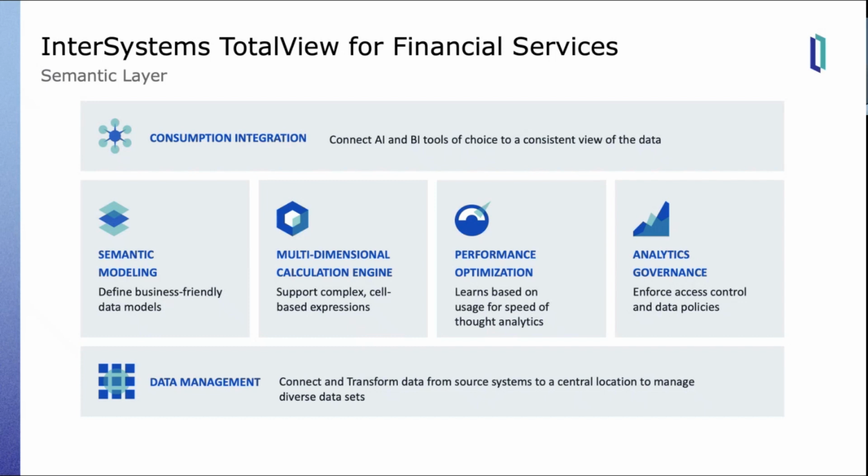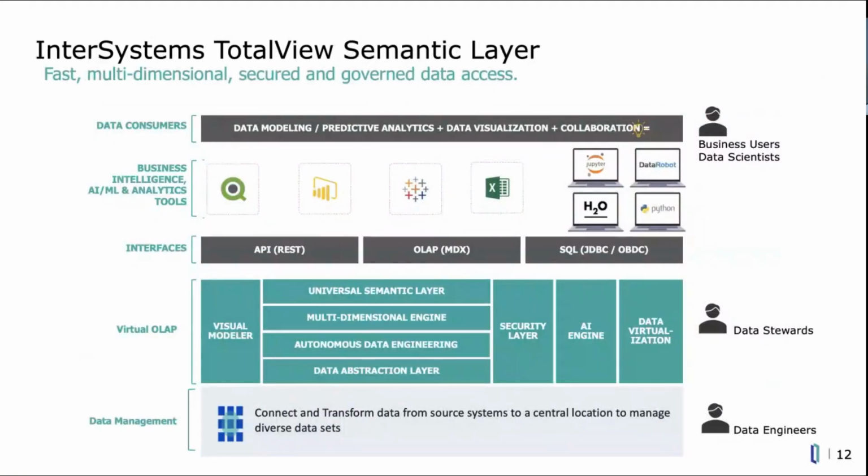So essentially, the whole idea of this semantic layer is to enable different kinds of access to the data, which allows people to have very uniform access. Whatever pipelines you have built for the data management space, where you did the normalization and the harmonization, you only do it once.